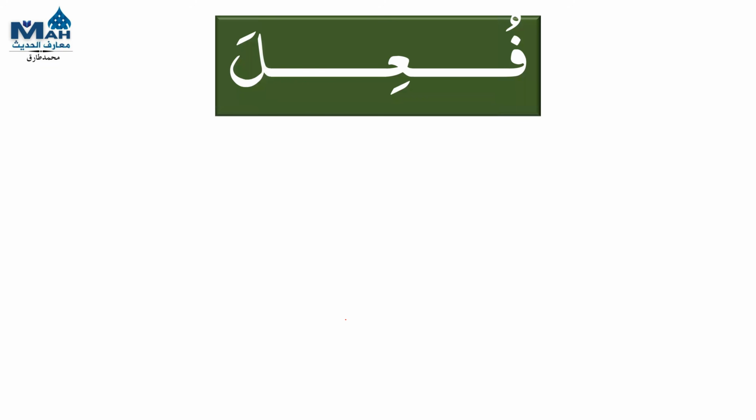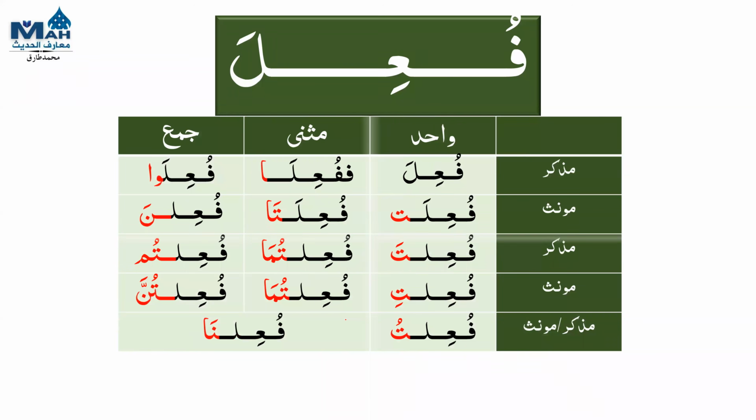Today we are going to learn another weight, which will be fu'ila. All those three, fa'ala, fa'ula, fa'ila, will be converted to fu'ila. Why they will be converted and when they will be converted, we will now study. So this is the weight fu'ila, and I will show you the full chart.